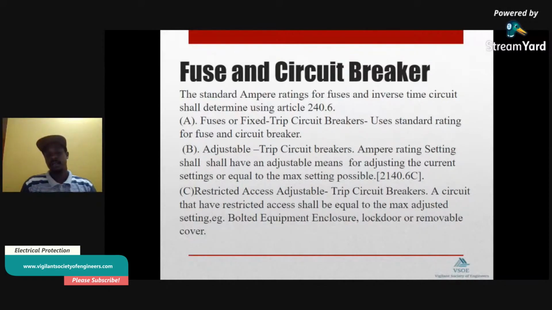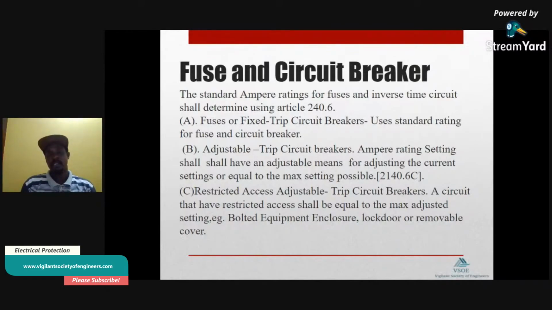So where we're not able to access the circuit breaker, we should establish a max adjusted setting. Can you imagine you have a panel, you're unable to get to it. Then you must have the breaker adjusted to the value that is supposed to protect the circuit.